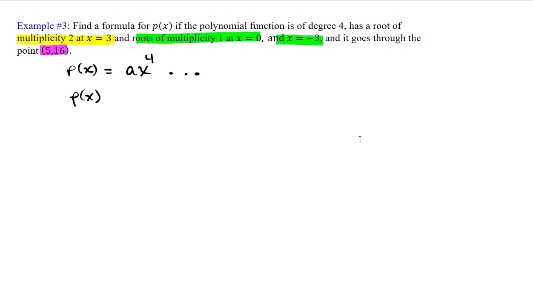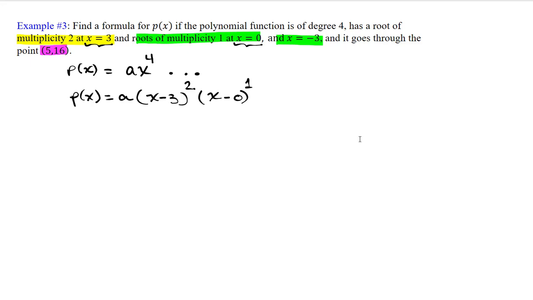So p of x is equal to a times, since the first root x equals 3 has a multiplicity of 2, then x minus that root raised to the second power is a factor of the function. Likewise, if x equals 0 is a root, then x minus 0 is a factor of the function.